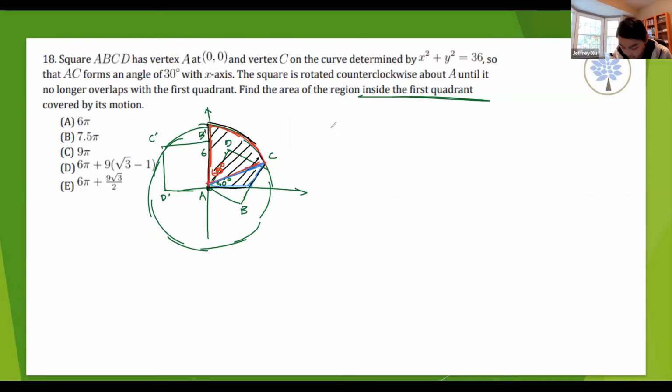So the area of the red part is just 1/6 of the area of the circle, so it's 6π. And now we need to find the area of this blue triangle. We know that this base over here has length 6, and we just need the height, which is going to be somewhere here. Let's call this height h.